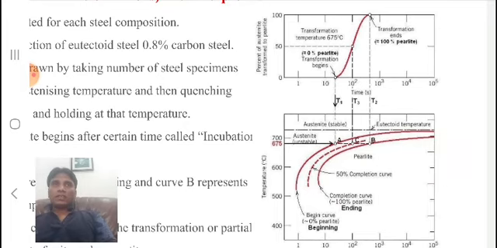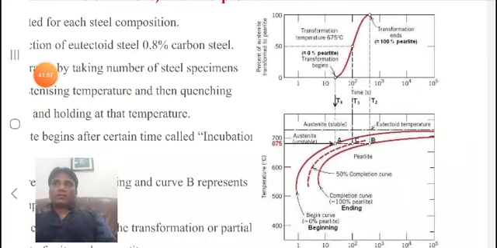So to save the energy, we can use TTT diagrams, and with the help of TTT diagrams we can easily make these steels with the desired mechanical properties with the help of the microstructures.